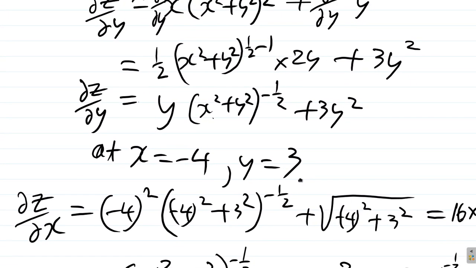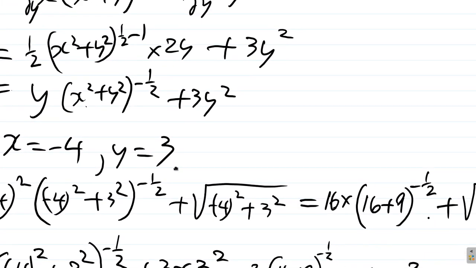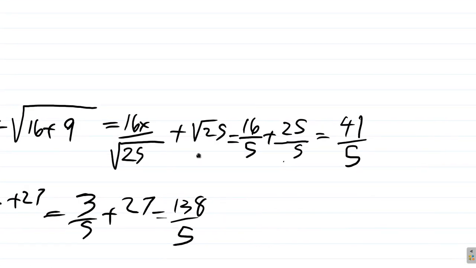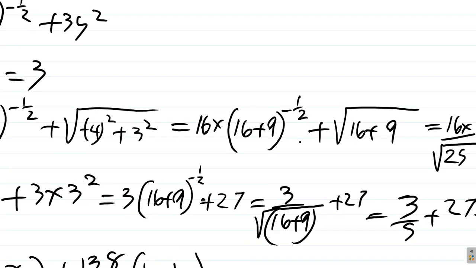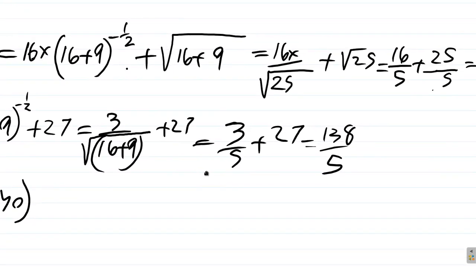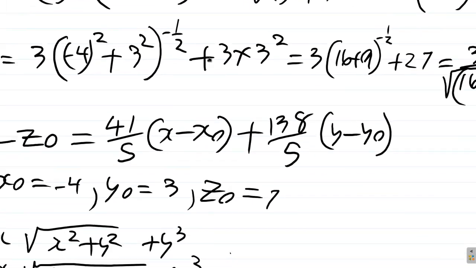And when you put in the values of x and y, x is negative 4, y is 3, for partial z by partial x you get 41 over 5. And when you do the same thing for partial z by partial y, you differentiate with respect to y, you get this value here.